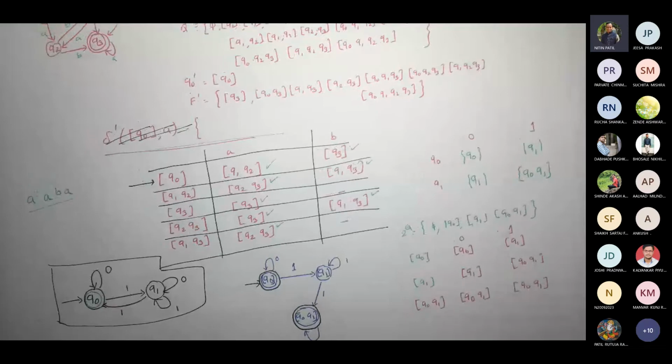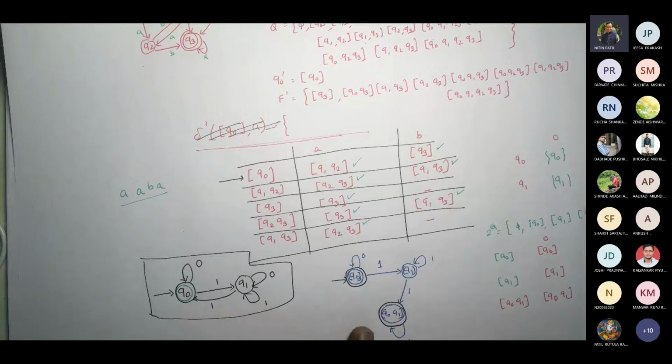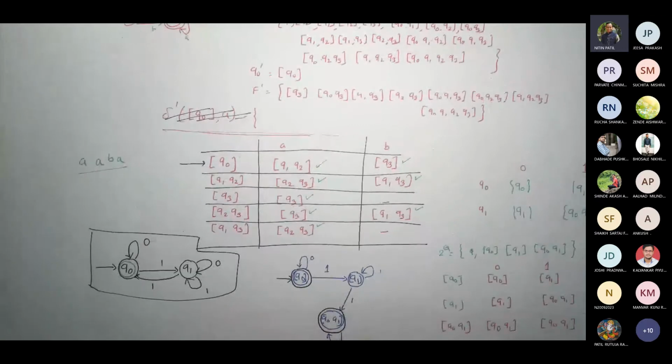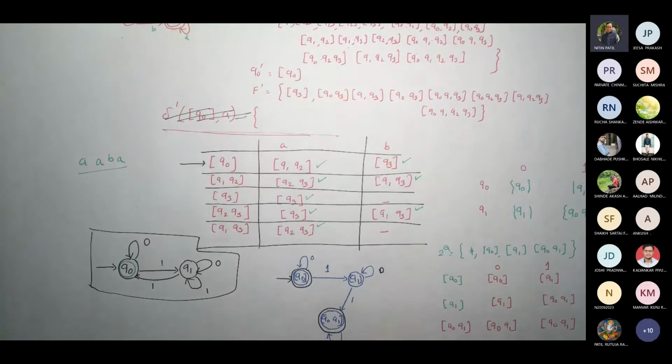Now you can see there is nothing like the NFA the way that it was. In that case, from Q1 there were 2 transitions outgoing with input 1. Now it is never going to happen. Sorry, I made a mistake somewhere. This should be 0. Yeah, this should be 0.